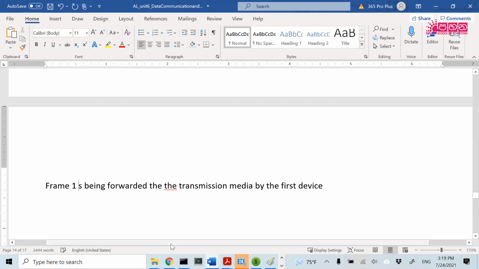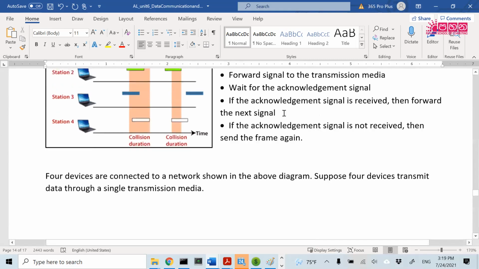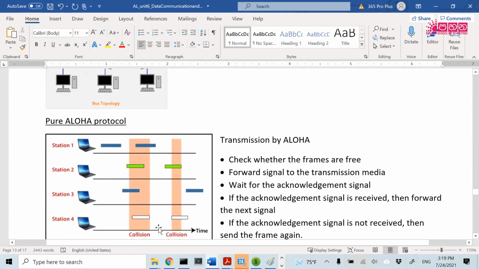By the first device, there's no other transmission. Others will have collisions. You see here also a collision.